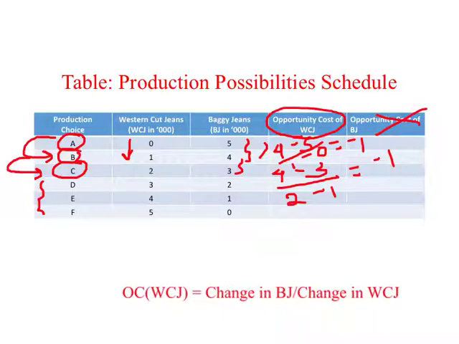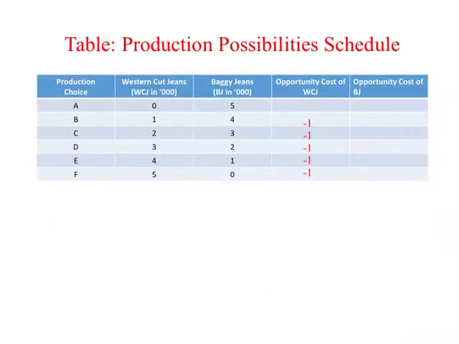Let me show this to you in a much cleaner manner. As I promised, now you have a cleaner table. As you can see, what we have figured out is the opportunity cost of Western cut jeans between all points.